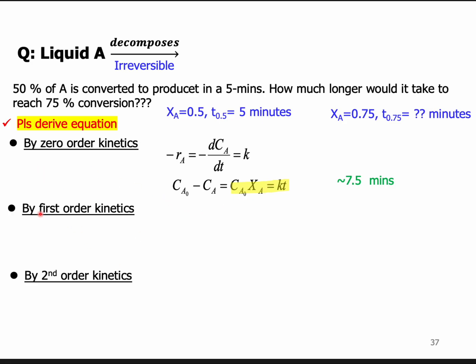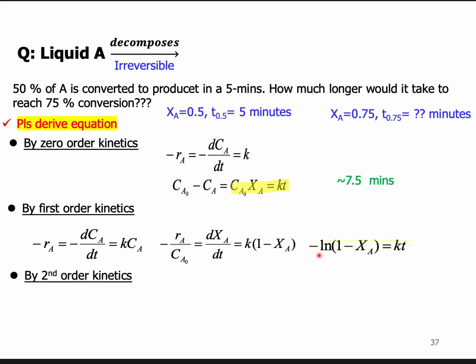And for the first order reaction, you need to formulate this one, move this to the left hand side, dt to the right hand side, and take the integral. Then you will get the result. And if I ask you to express this rate equation in terms of XA and t, then you need to divide by CA0 together, right? When you divide by CA0, you can get this relationship.